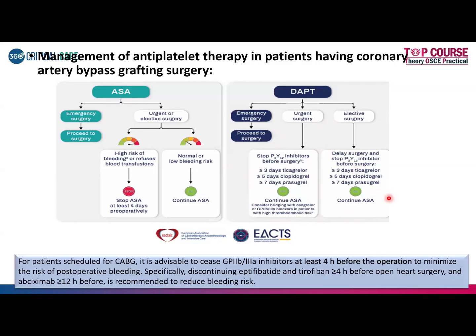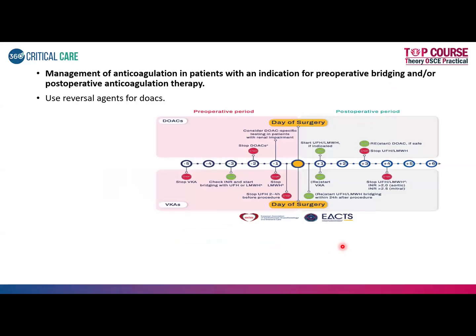For elective surgery also, we need to delay this or stop this before the surgery, but continue with the aspirin. For patients scheduled with CABG, it is advisable to cease these at least 4 hours before the operation. So for GP2B/3A blockers, it is advisable to be stopped at least 4 hours before the operation. So that needs to be remembered.